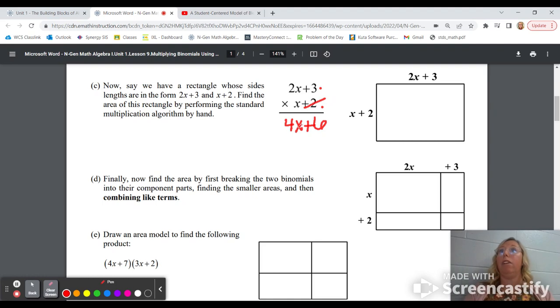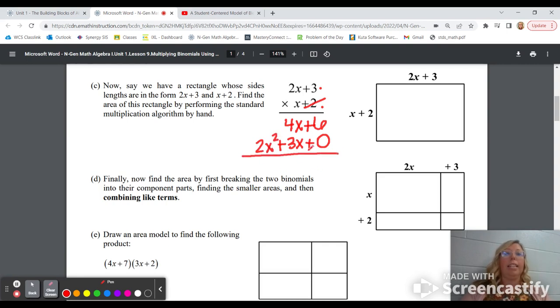Same placeholder 0 concept applies. Put your placeholder 0 here, put a plus sign in front of it just so we keep everything lined up. And then what do we need to multiply now? By the x, so we've got to do 3 times x, which is 3x. It's a positive 3x, so put a plus. And then we have to do 2x times x, which gives us 2x squared.